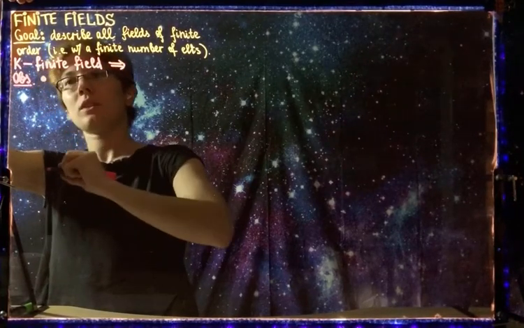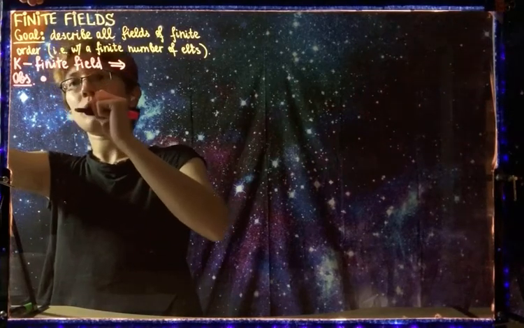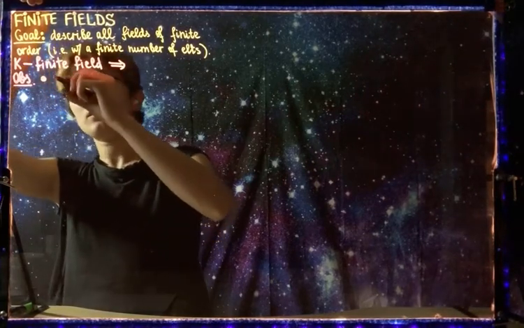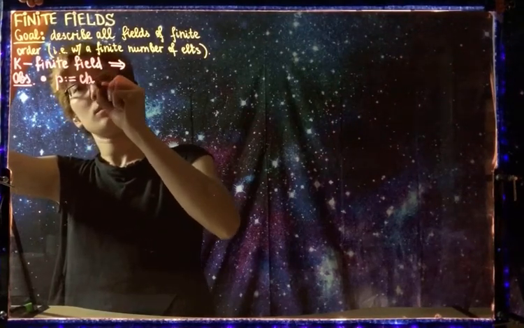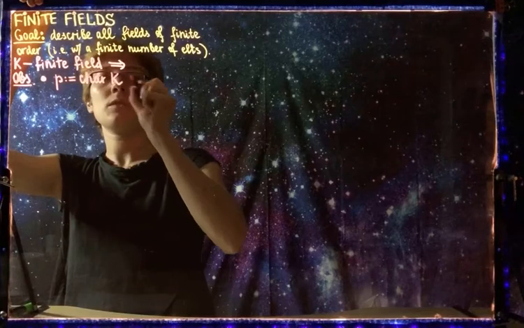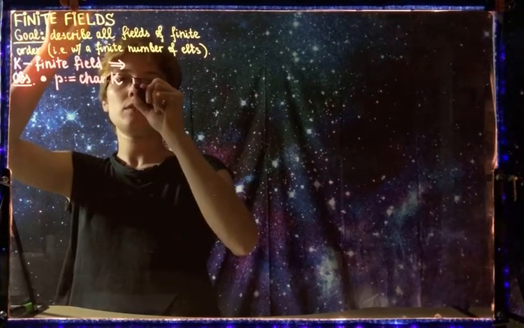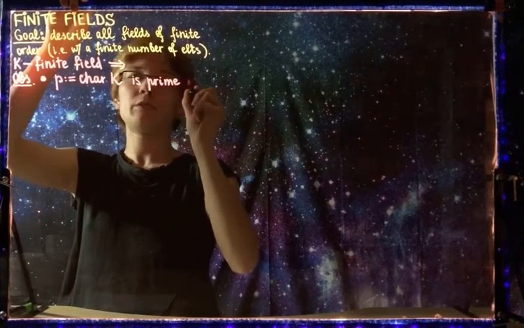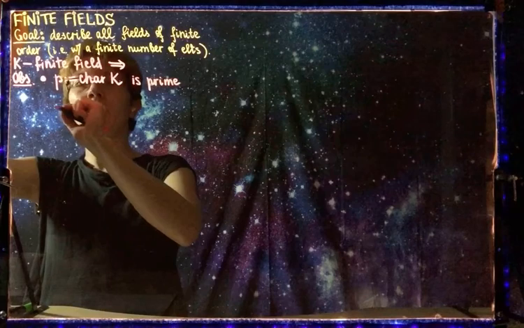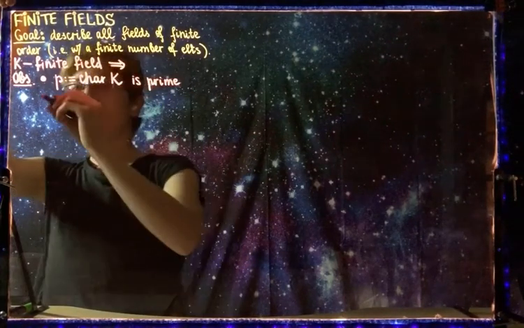First, K is necessarily of finite characteristic. So p, which is the characteristic of K, is a prime number. It cannot be of characteristic 0, otherwise Q would be contained in K, and Q is not finite.